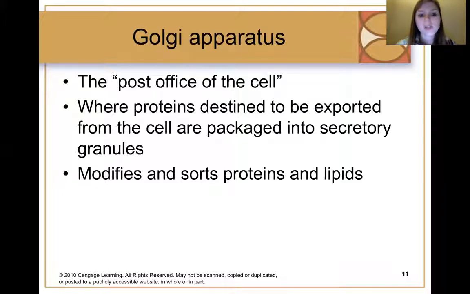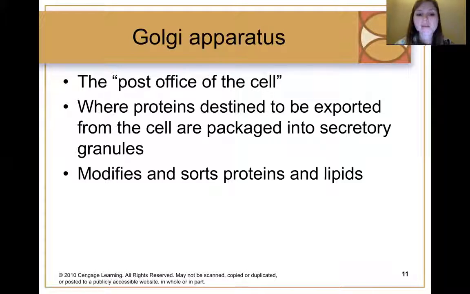So the Golgi apparatus is where proteins that are destined to be exported, so sent out of the cell and into the body, are packaged into secretory granules. So basically, if you think about a post office, they get all your mail and they sort that out and figure out where it needs to go. They might put it in a box, they might put it in an envelope, depending on what the situation is, and then they send it out into the world. So the post office analogy has always really made sense to me.